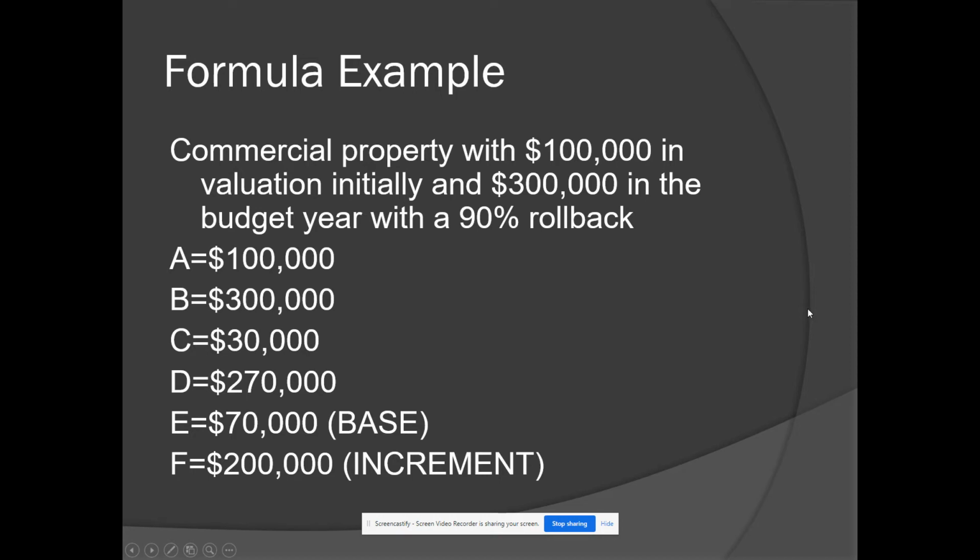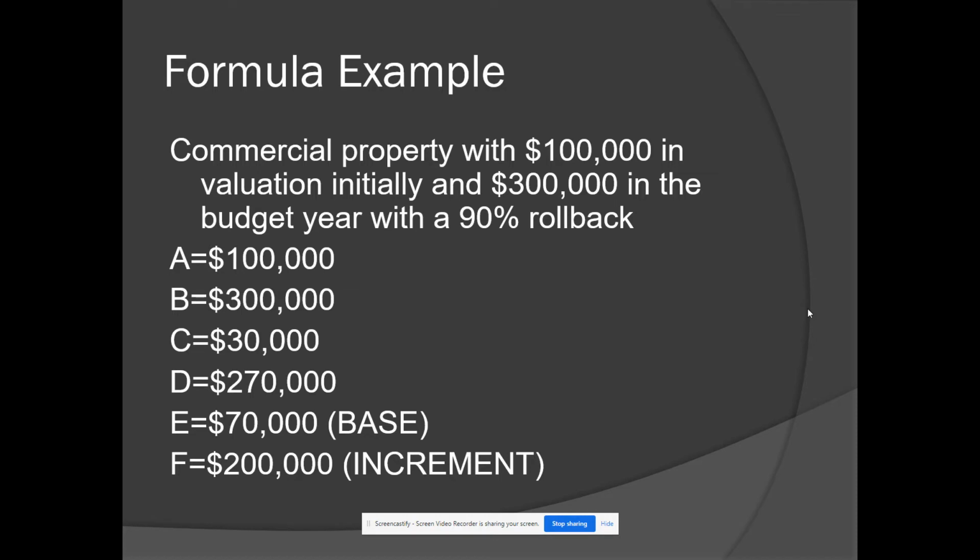So let's walk through an example of calculating the TIF base and increment values using some real simple numbers. So commercial property. Originally it had $100,000 in valuation, so our frozen base value at the time that was set was $100,000.